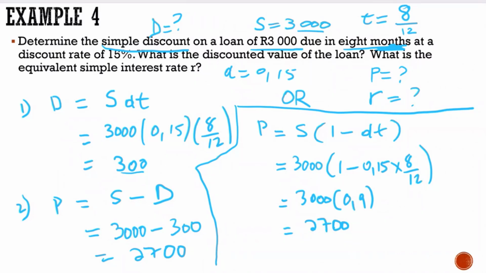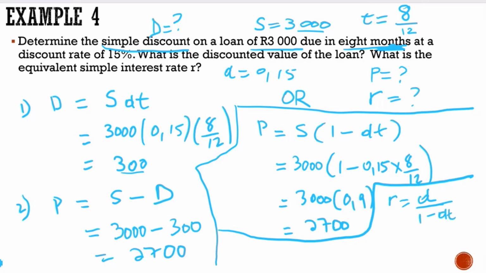Now for us to calculate the equivalent interest rate, remember we said the formula for the equivalent interest rate is R equal to D over 1 minus DT.